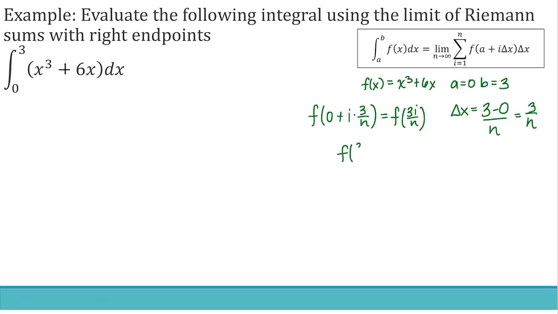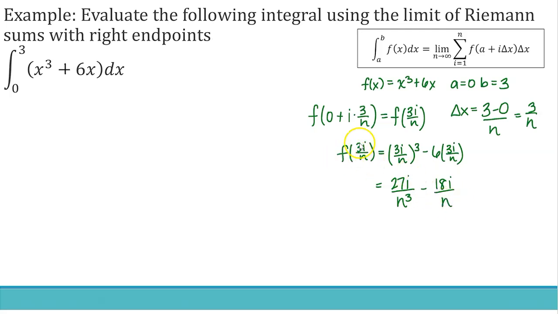So f of 3i over n is going to be 3i over n cubed plus 6 times 3i over n. And I'm going to multiply out a little bit of what's going on in here. So 3 cubed is 27, i cubed over n cubed, plus 18i over n.